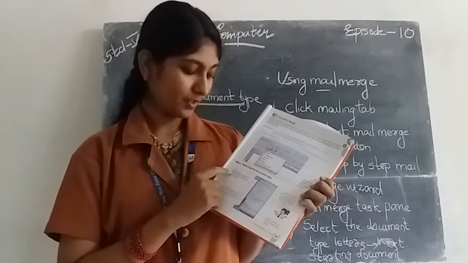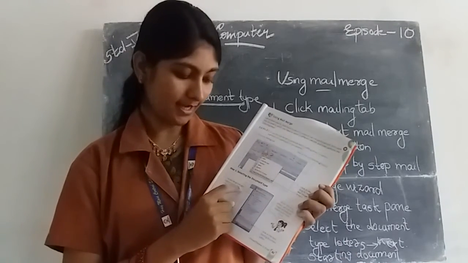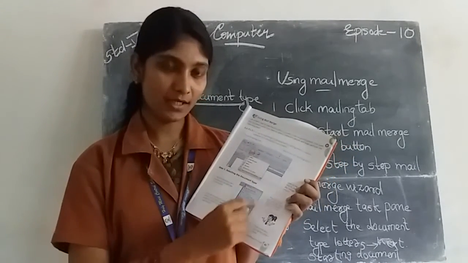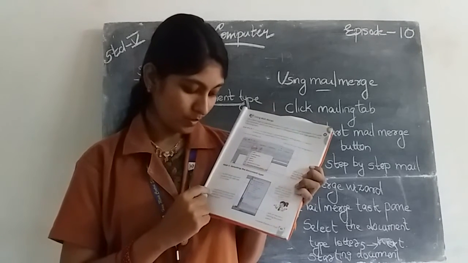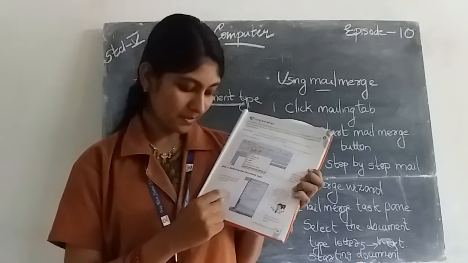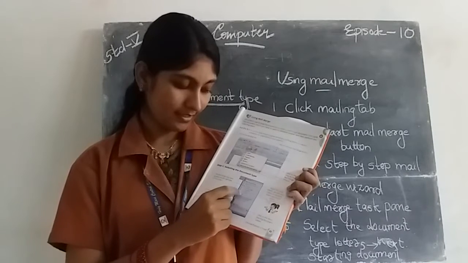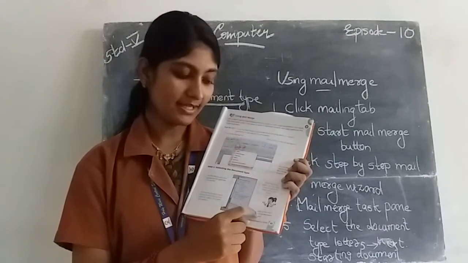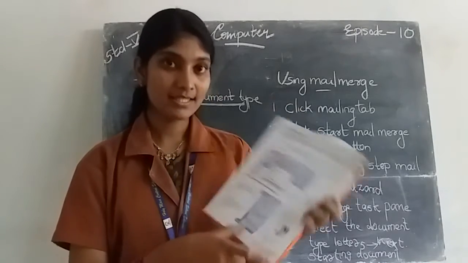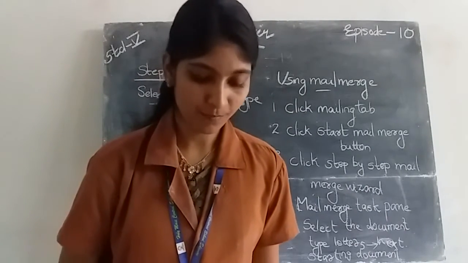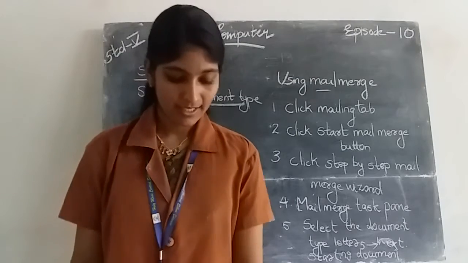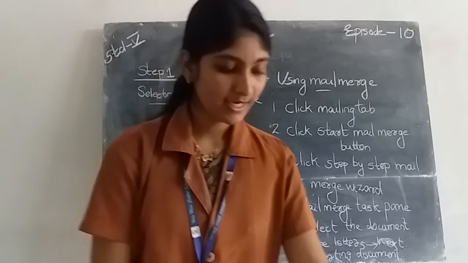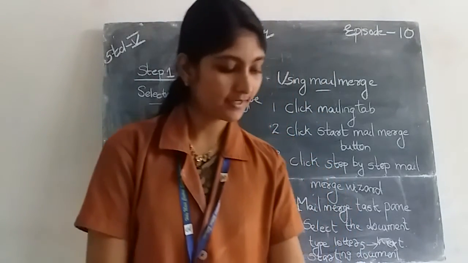Then the fourth step, the mail merge task pane appears on the right side of the screen. Choose the document type letters, then click on the next starting document option. Then step 2 is deciding on the starting document.